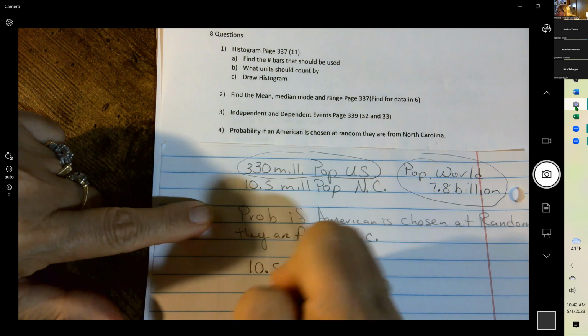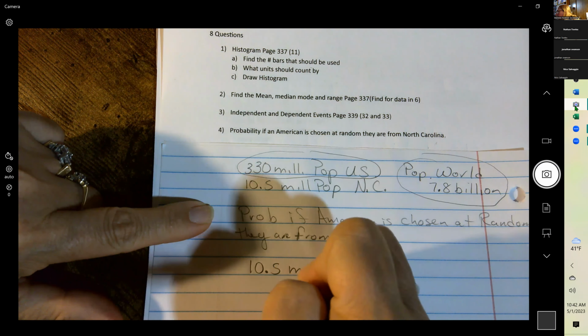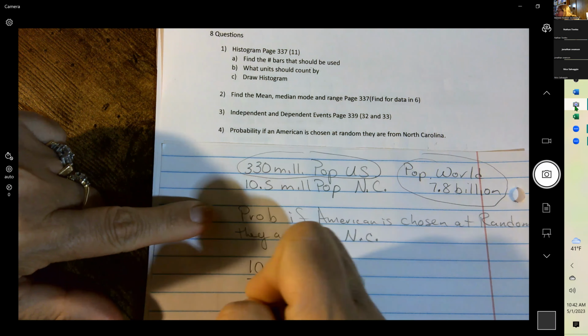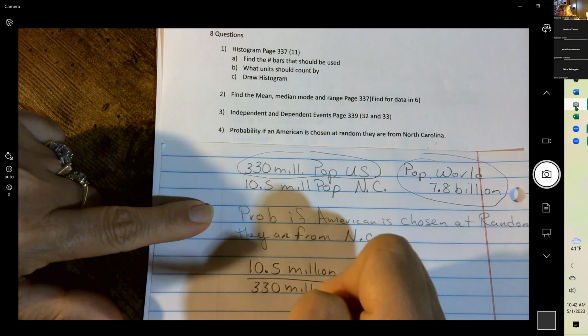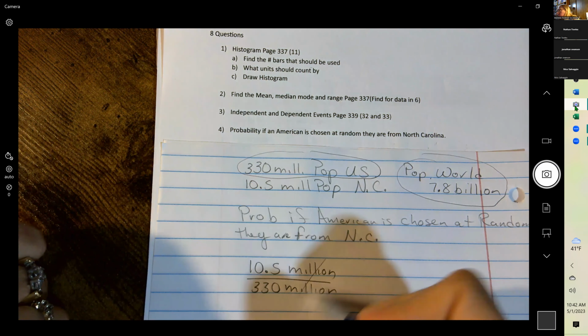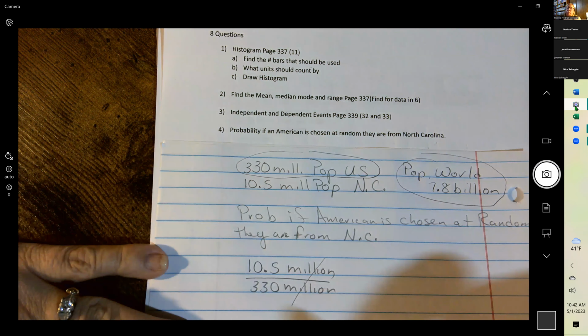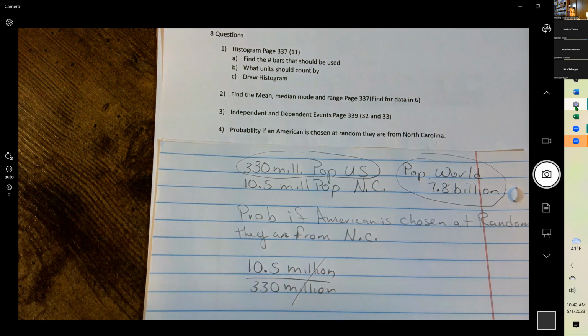10.5 million over 330 million. If these are the same units, you can just cancel the units. If they're not, put all the zeros in.